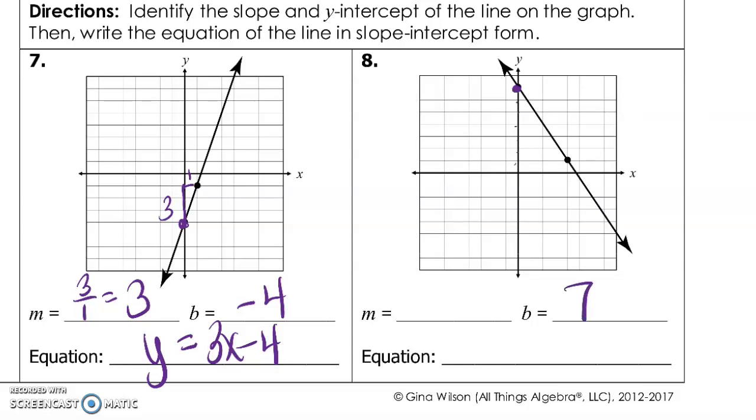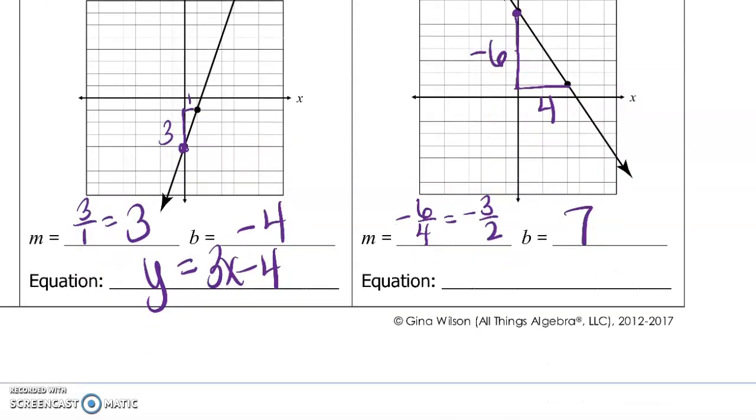And then if we count from this to this, we went down 6 and right 4. So your slope is negative 6/4, and we need to simplify that to negative 3/2. So your final equation is y equals negative 3/2 x plus 7.